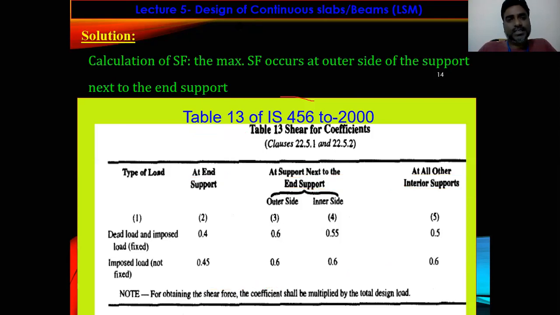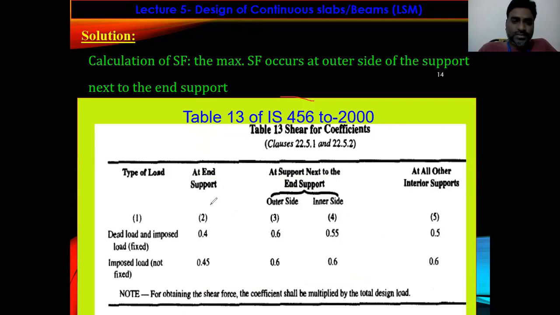Another is to observe the values from the table. As I told just now, look where the factors are higher, because the load for the fixed case and the not fixed case is the same for all these cases, and the effective length is the same. So these two factors are constant, right? The only thing is that the coefficients change depending upon the support conditions.